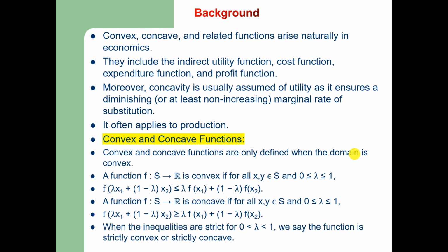When the inequalities are strict, for 0 less than lambda less than 1, we say the function is strictly convex or strictly concave. So in the case of just convex and concave, the inequality is not strict, but in the case of strict convexity and strict concavity, the inequalities will be strict.